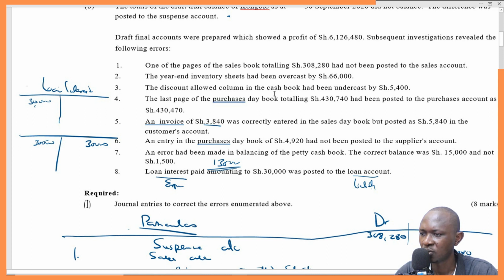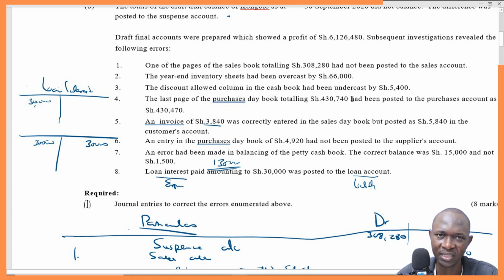The discount allowed column in the cash book had been undercast by 5.4. Of course, this will have the effect of reducing the expenses, so we need to return it back. So it will be increasing the expenses.